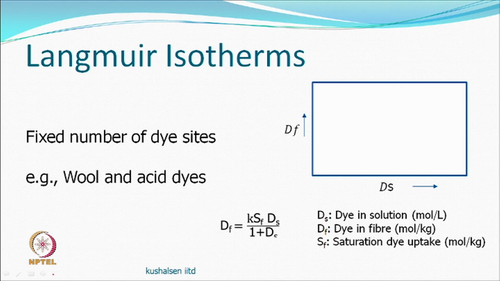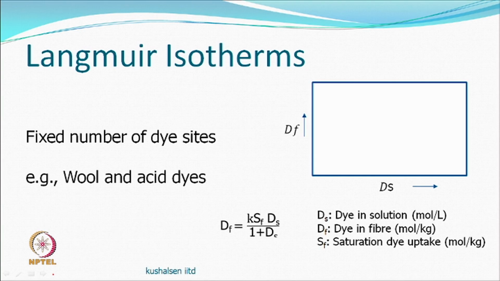That means if the sites are not there anymore, the dye will not go. Like the example we said: wool, silk, even nylon with an acid dye. These are the amino end groups where the dye is going to go. If the end groups are finished, the dye cannot go.